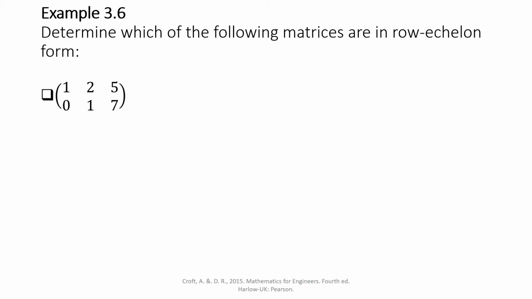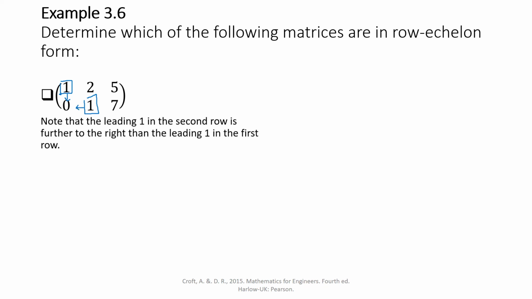Does it have a leading one? Yes, the first row has a leading one. Now under it 0, fine, and the leading one is here. So under it there is no row, but the left of it is 0. Okay, let's take another example.